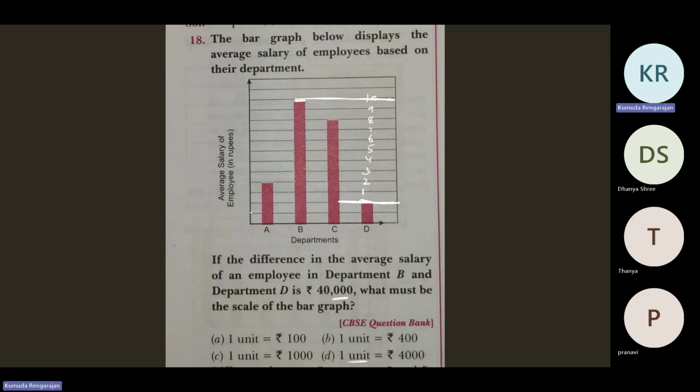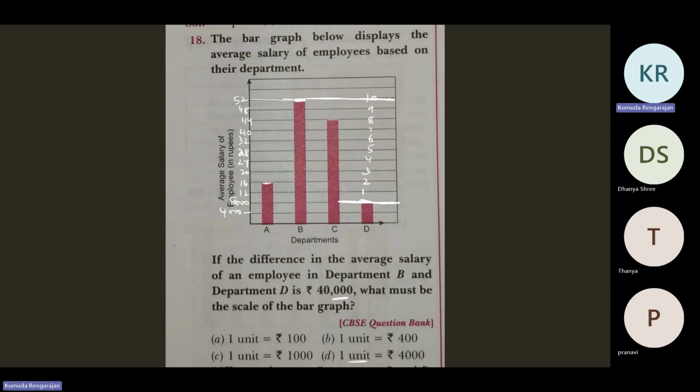I'll tell you what that means. This should be 4,000. This should be 4,000. So this will be 8,000. There will be 12,000. So 16,000, 20, 24, 28, 32, 40, 44, and 48 and 52.